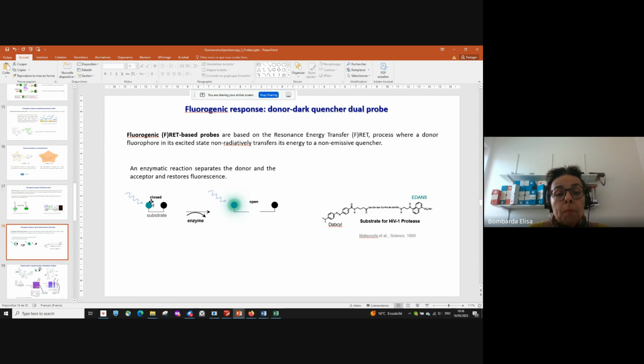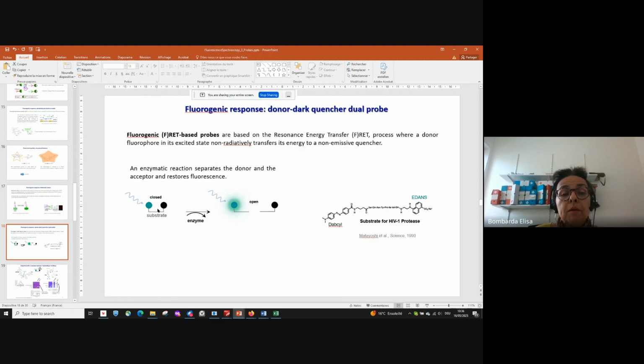Normally this is a way of labeling a substrate of an enzyme, in particular a protease, whose function is to cleave at a specific site. Proteases are peptidases, so they cleave the peptide bond between two amino acids.